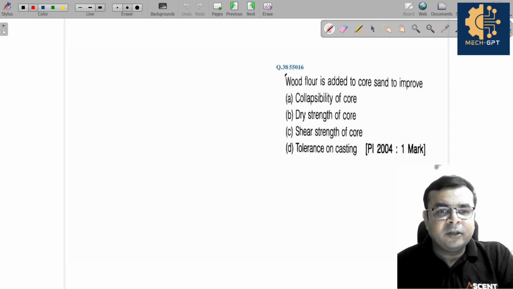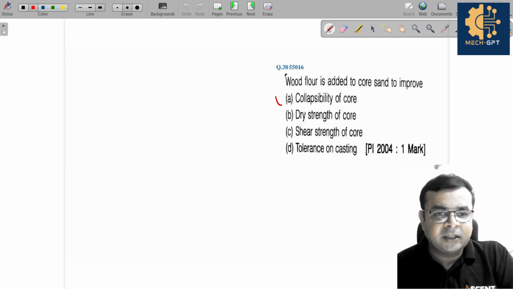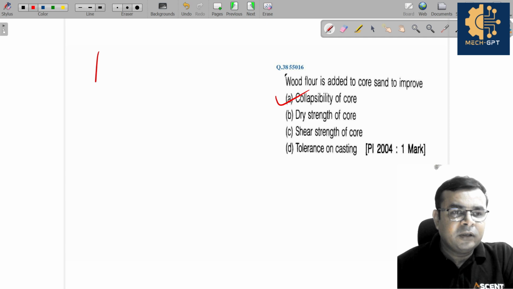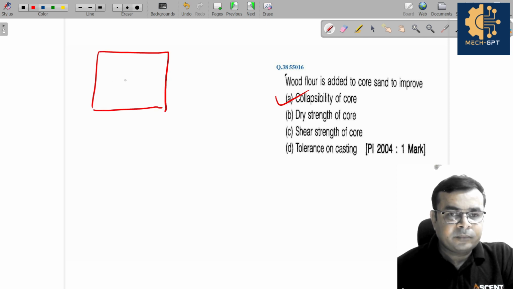Okay, wood flour is added to the core sand to improve collapsibility, dry strength, shear strength. So the correct answer is collapsibility. Actually, wood flour, you can say this is a mold cavity or a core.